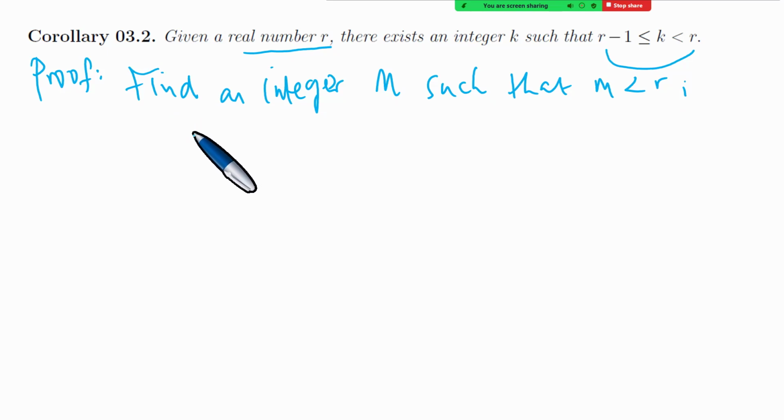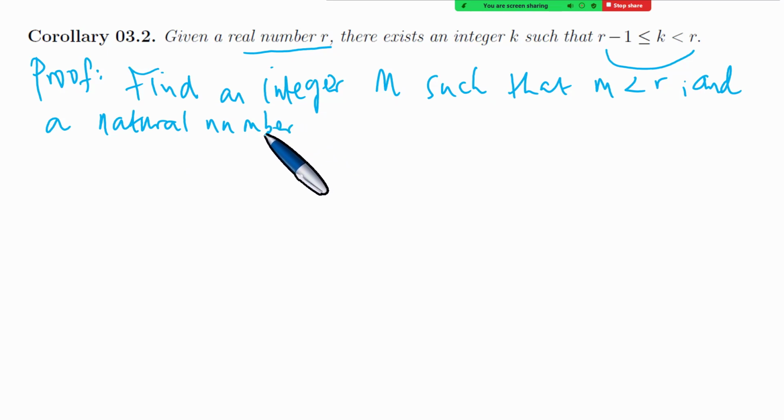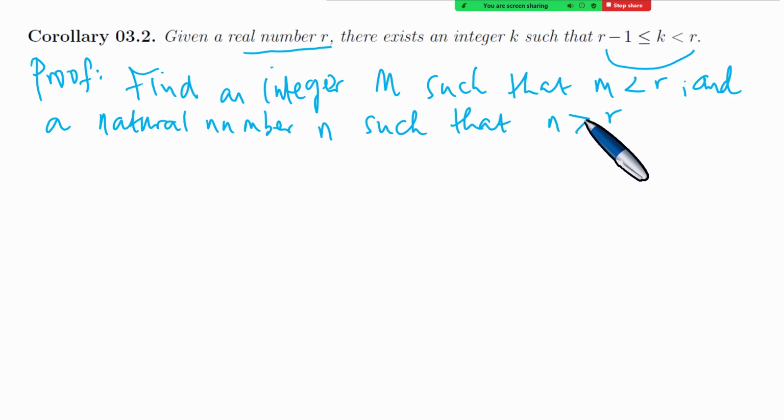So now we're saying we need to find an integer m such that m is smaller than r, and a natural number n such that n is bigger than r.